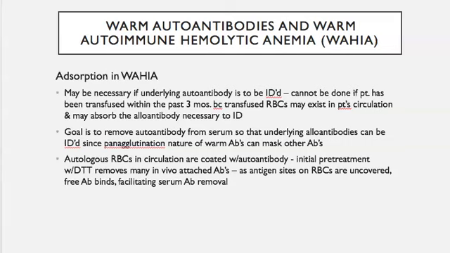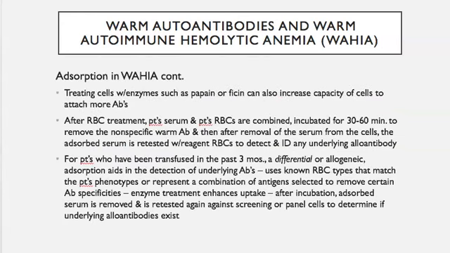Treating your cells with enzymes like papain or ficin can also help to increase the capacity of the cells to attach more antibodies. After red cell treatment, the patient's serum and the patient's red cells are combined. They get incubated for between 30 and 60 minutes to remove the non-specific warm antibody. And then after removal of the serum from the cells, the adsorbed serum is retested with reagent red cells to detect and identify any underlying alloantibody.